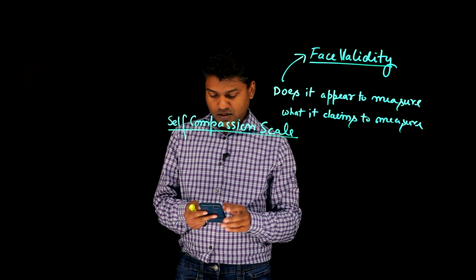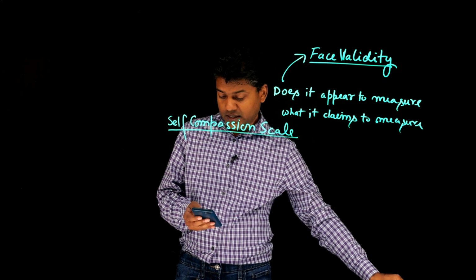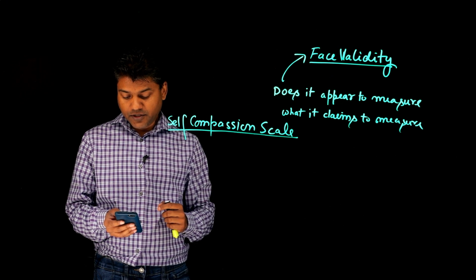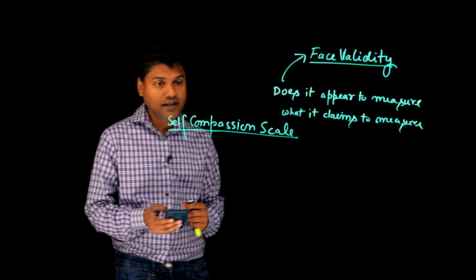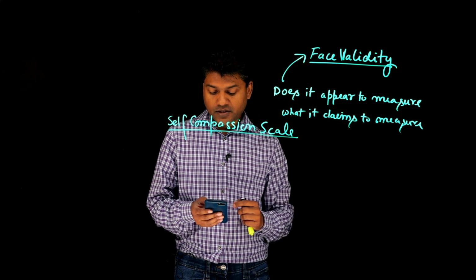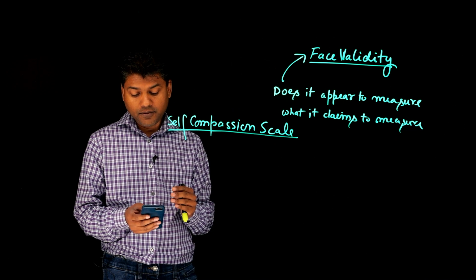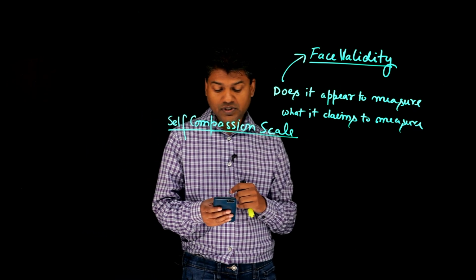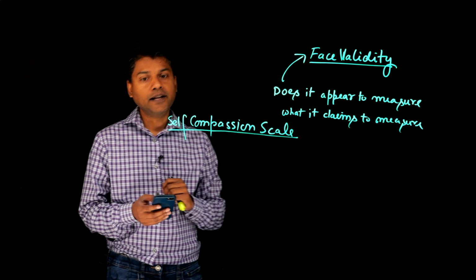There are a total of 12 items on this scale, called the self-compassion scale, on a Likert scale of 1 to 5, where 1 is almost never to 5 is almost always. So a 5-point Likert scale.